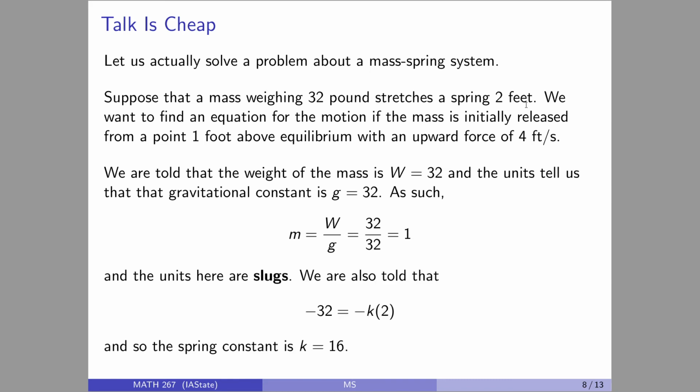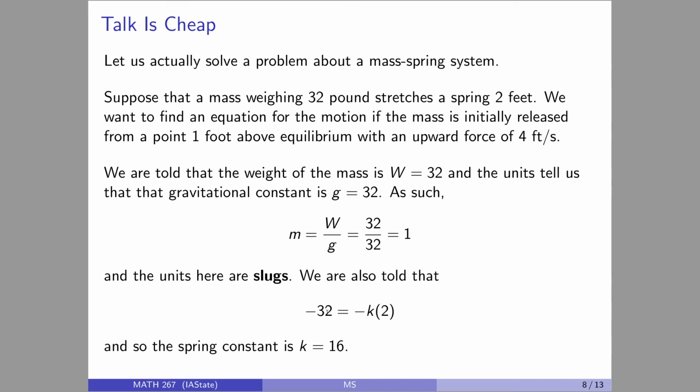Okay, so what about the other information? Well, I now know the amount of mass we have, which is 1. I also now need to know what the spring constant is, and we already know how to solve for spring constants. The information we were given: the equilibrium, 2 feet. So we plug that in for our elongation S. The pounds, negative 32, the restoring force of the spring.